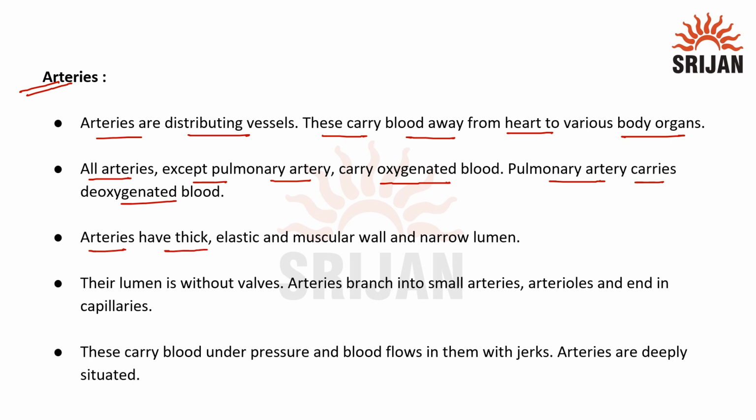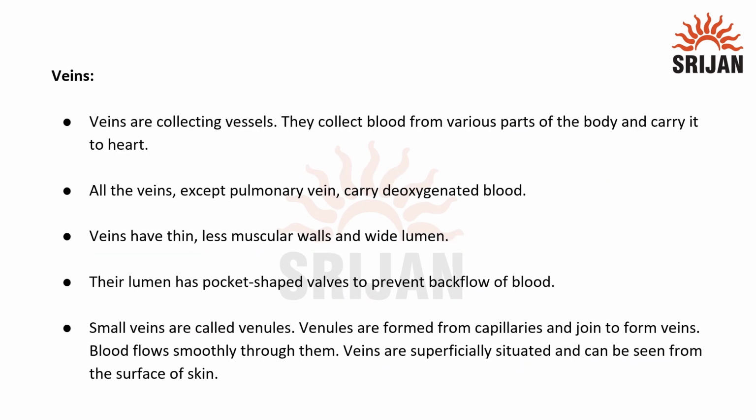Arteries have thick, elastic and muscular wall and narrow lumen. Their lumen is without valves. Arteries branch into small arteries called arterioles and end in capillaries. These carry blood under pressure and blood flows in them with jerks. Arteries are deeply situated.